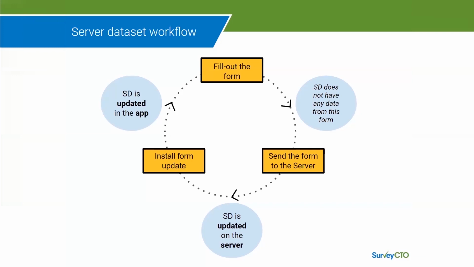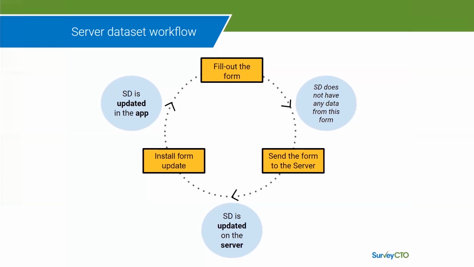Everything starts when you are filling out a submission, and assuming that there is no internet connection, there is a lag between finalizing the submission and sending it to the server. And during this time, when the submission is simply saved on the device, the dataset is not updated.